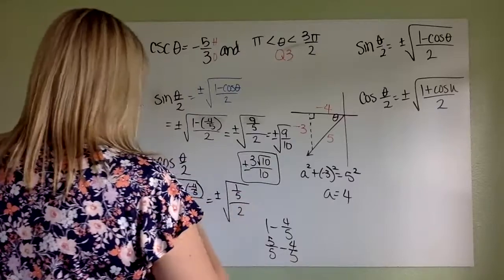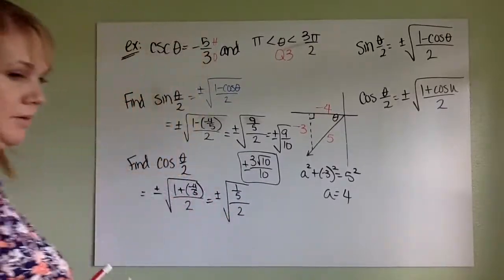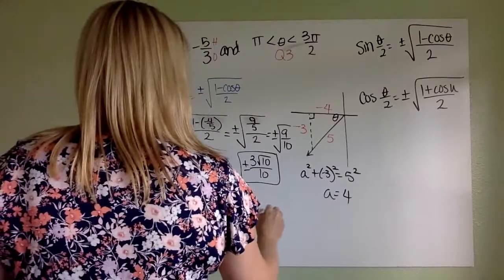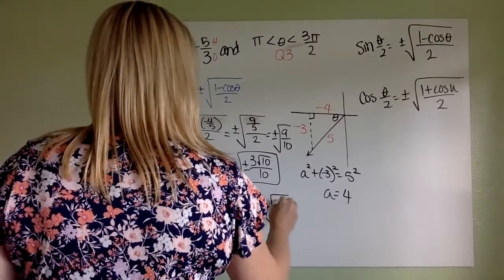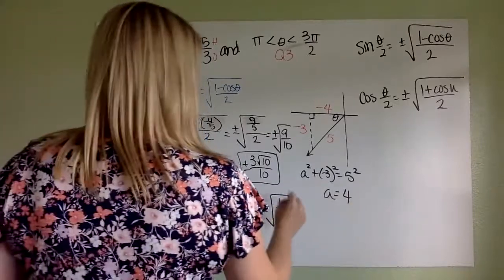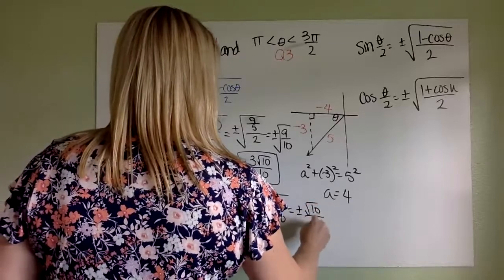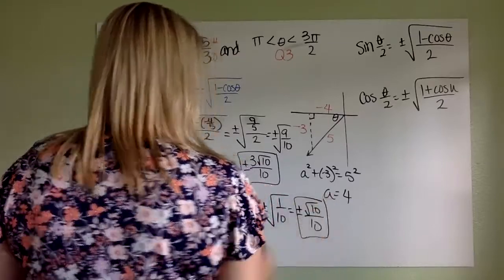Dividing it by 2 is the same as multiplying by 1/2, right? So we end up with plus or minus the square root of 1/10. And very similar to the last one, when we rationalize that denominator, we get the square root of 10 over 10, like so.